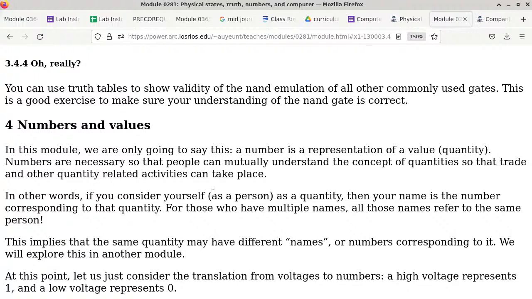So a number is a representation so that we can communicate a quantity with somebody else. It is a language, okay? It's an element of language when we need to let the other person know what quantity we are talking about. That is a number. But what a number is representing is a value. A value by itself has no inherent symbolic representation.